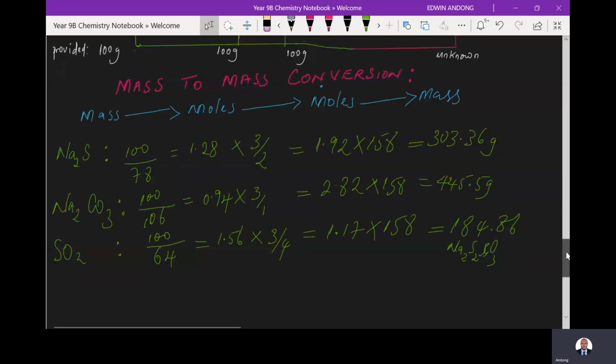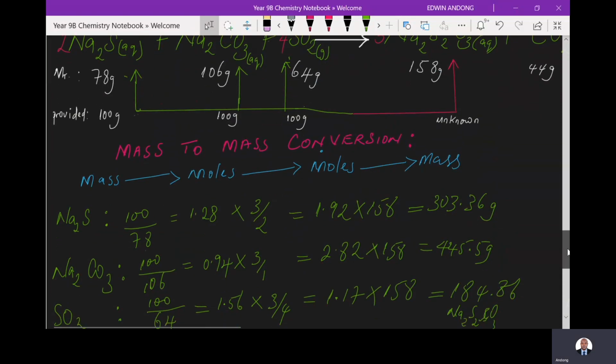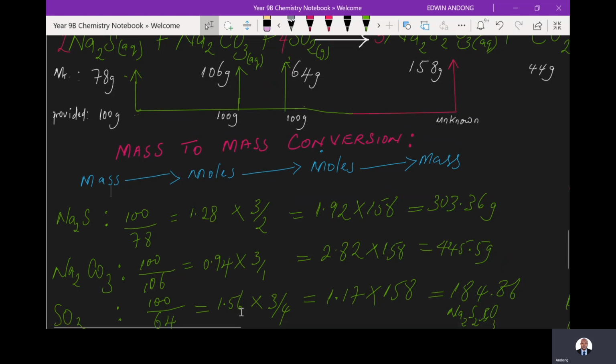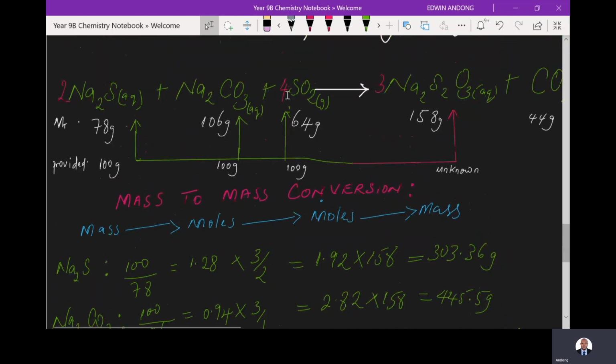Finally, the last reactant was sulfur dioxide. Since it was given 100 grams divided by 64, which is the molar mass, we will have 1.56 moles. In order to convert it into moles of sodium thiosulfate, we have 4 moles of sulfur dioxide producing 3 moles of sodium thiosulfate.